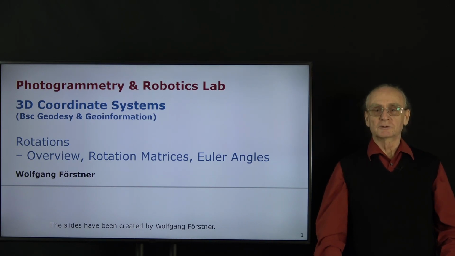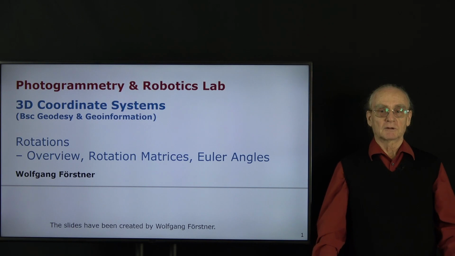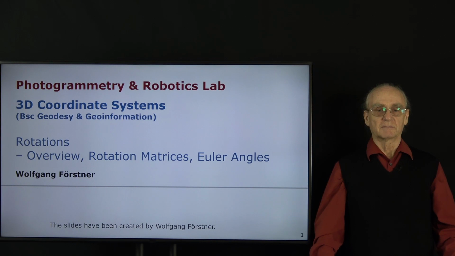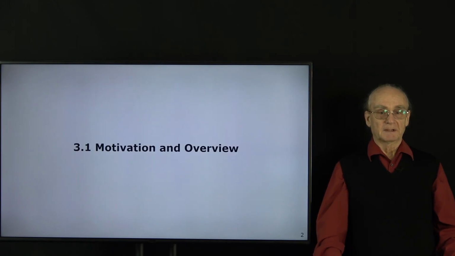Three-dimensional transformations usually consist of translations, rotation and scales, and the most complicated part of these motions in 3D are the rotations. And therefore we will discuss rotations first, so that we can then easily use them afterwards in the context of motions or similarities. Today I will give you an overview and we'll talk about rotation matrices and a representation using angles.